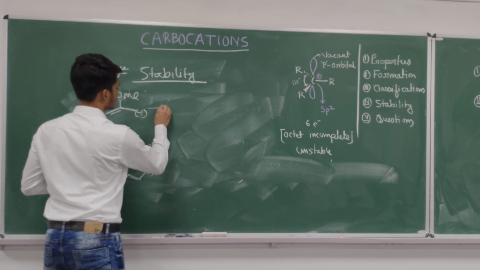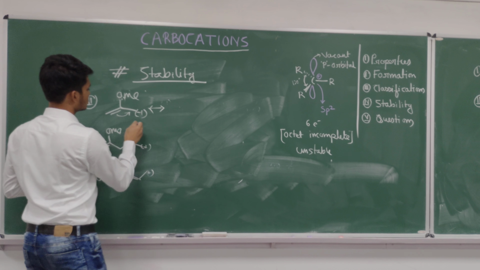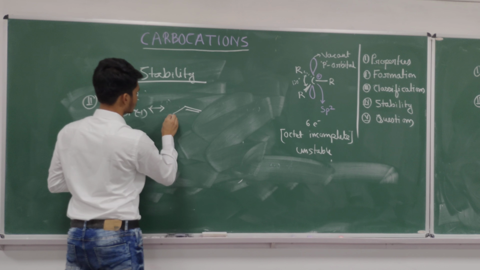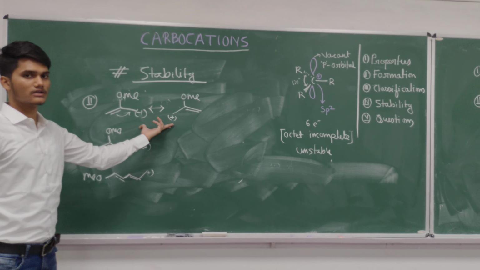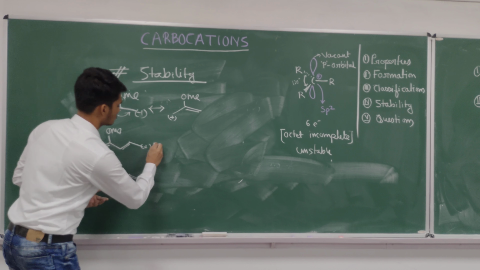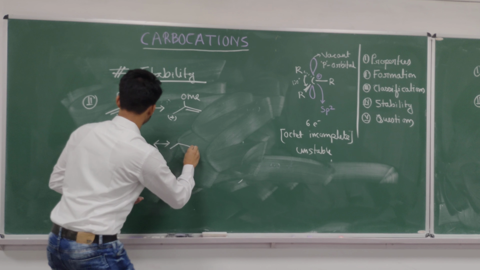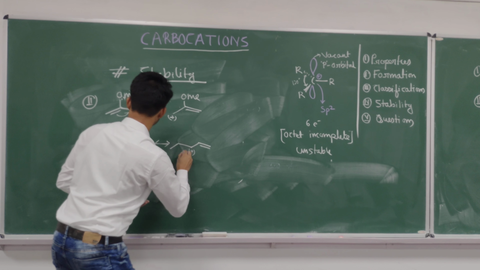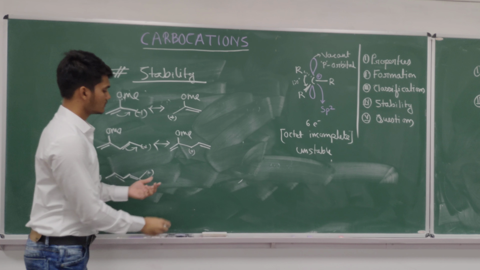Now let's see. In this compound, we have a resonance structure like this. We can draw it. So 2 resonating structures are possible in this case. Now in the second compound, we have this resonating structure. Again, we have another resonating structure like this.